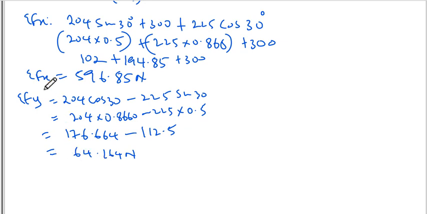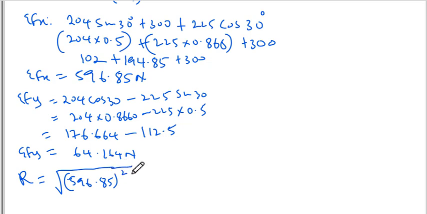Now we've gotten our horizontal component as well as our vertical component. So our resultant force becomes the square root of, remember, summation Fx squared plus summation Fy squared. That's 596.85 squared plus 64.164 squared.